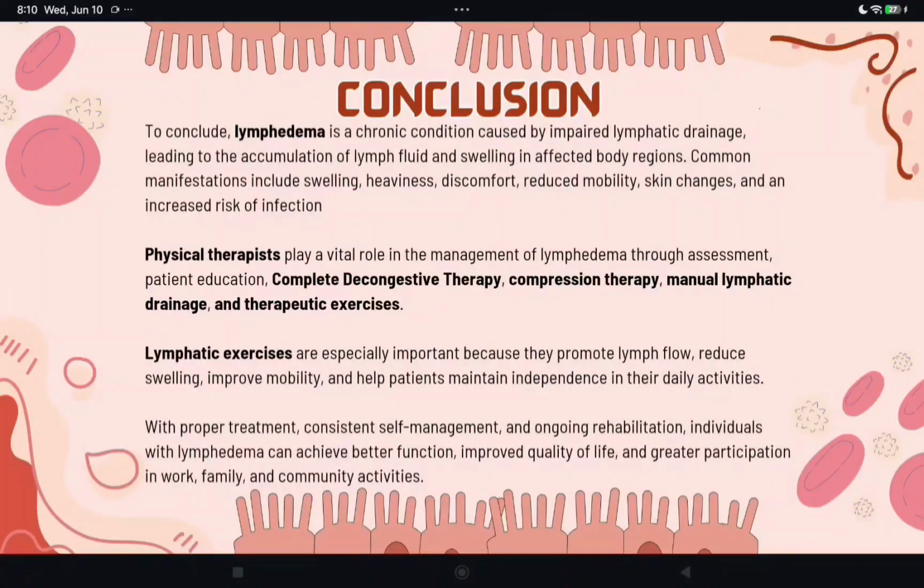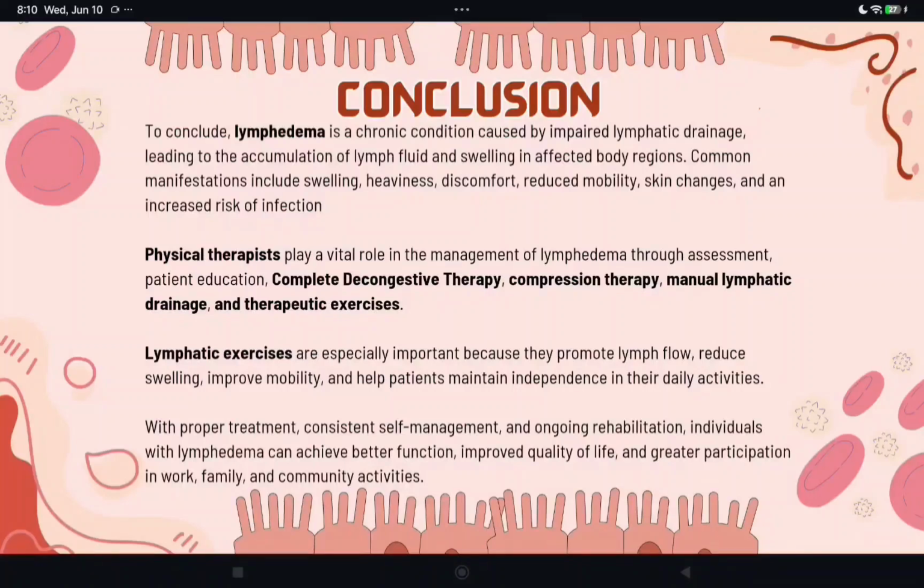Conclusion. To conclude, lymphedema is a chronic condition caused by impaired lymphatic drainage, leading to the accumulation of lymph fluid and swelling in affected body regions. It may be classified as primary or secondary and can result from congenital abnormalities, cancer treatment, trauma, infection, or other conditions affecting the lymphatic system.